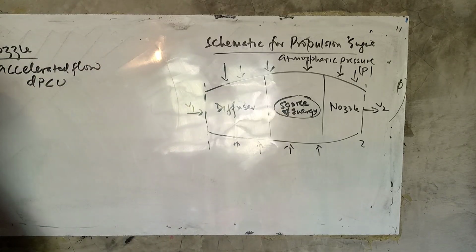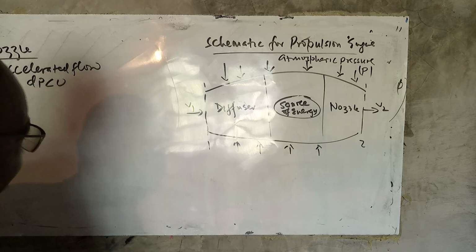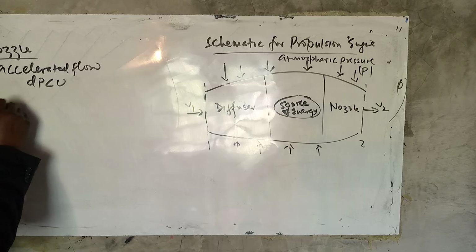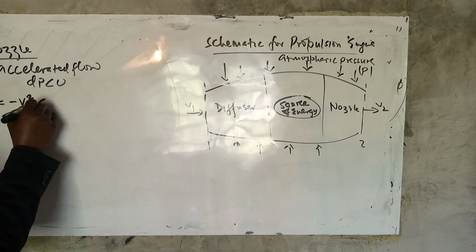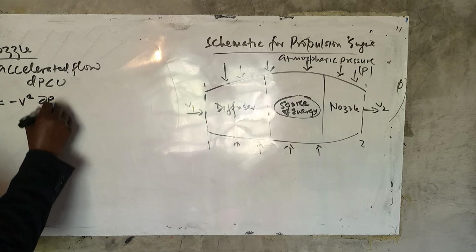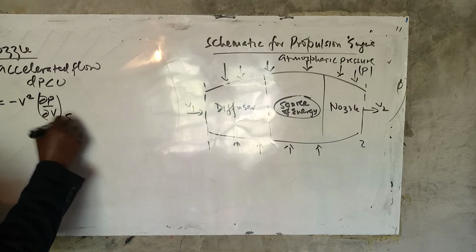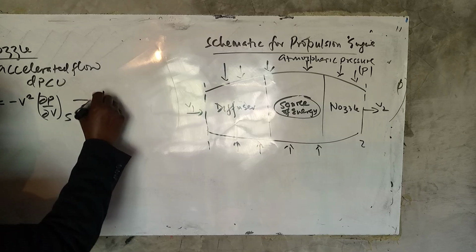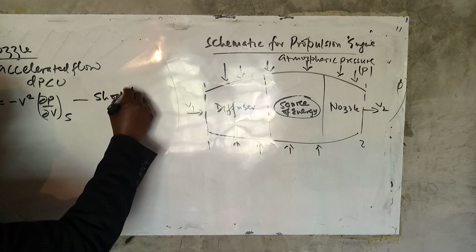If we remember, we talked of a pressure wave, where we said that A squared was minus V squared del P del V at constant entropy. This was a shock wave or pressure wave.